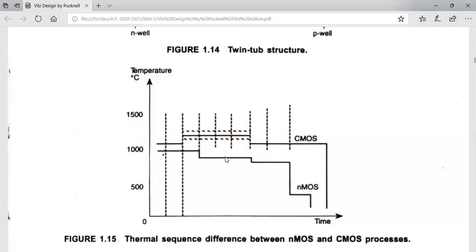Later it is cooled down. And you can see here the CMOS stayed at high temperature for a long amount of time, and then it decreased a little bit, and later it took more amount of time to cool.